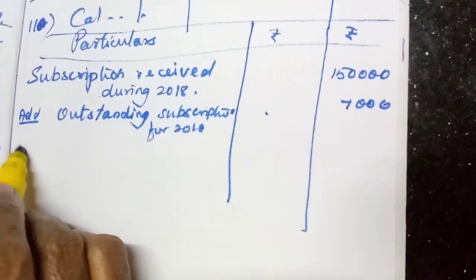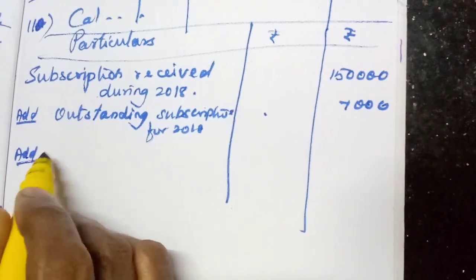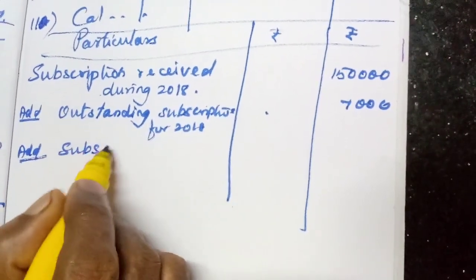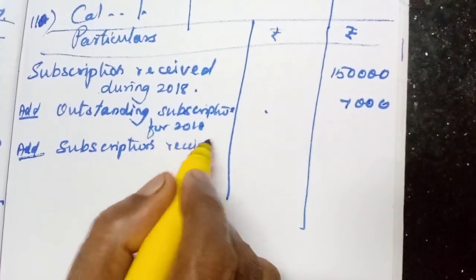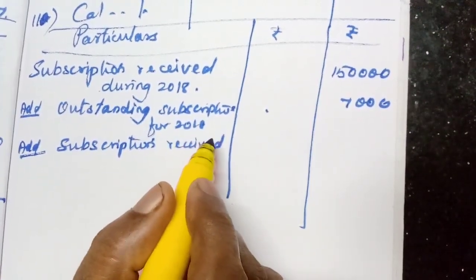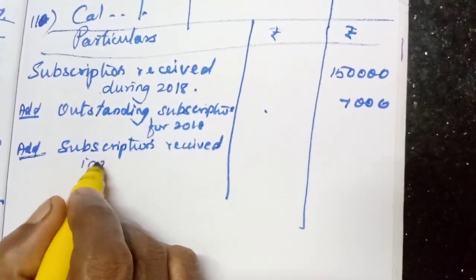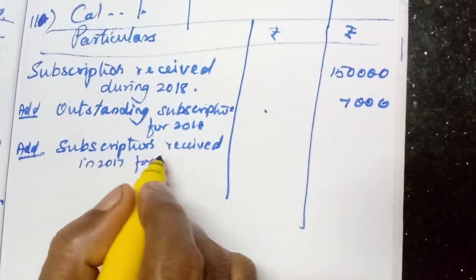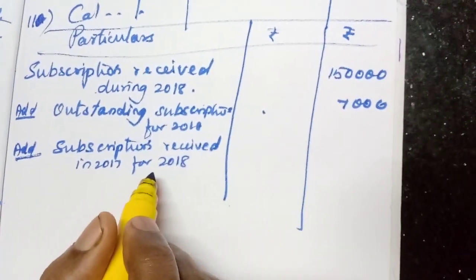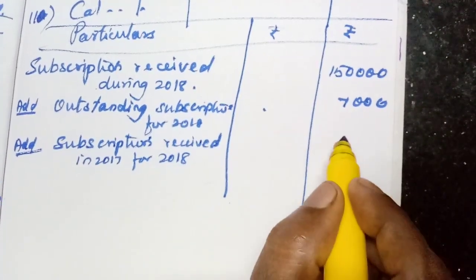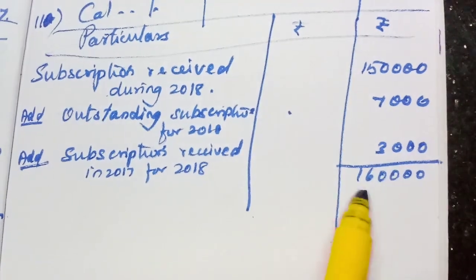So you have to add again, add subscription received in 2017 for 2018. That is 2018, but they received in 17. How much? 3,000. Now we should add everything and write there.